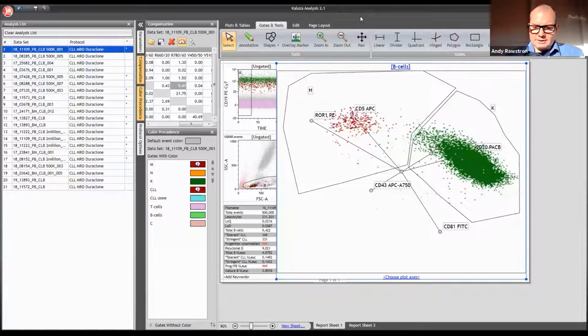For Waldenstrom's, for marginal zone lymphoma and all the other post-germinal center disorders, CD25 positive, CD22 weak is very useful. Lack of CD305 or weak CD305 is also very useful.